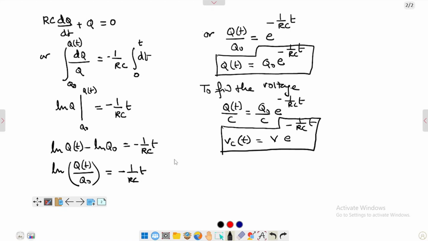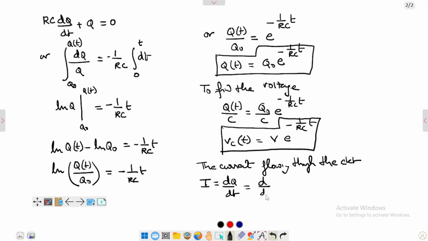Now, what is the current equation? To find the current flowing through the circuit, I is dq by dt, that is d/dt of Q naught e to the power minus t by RC. So the current equation will be very easy.